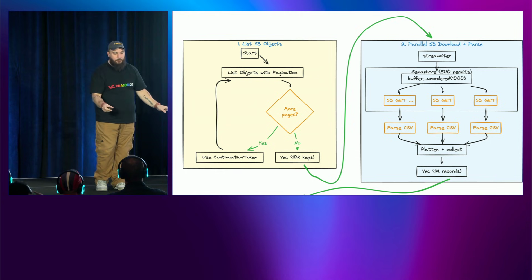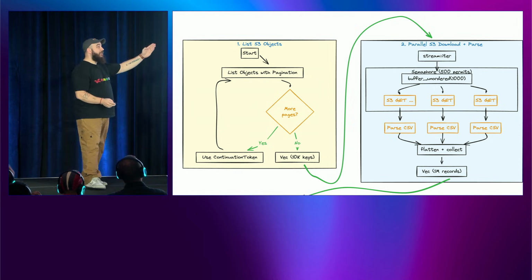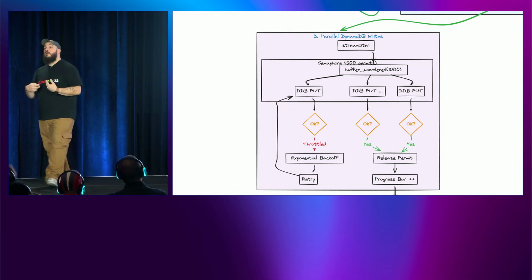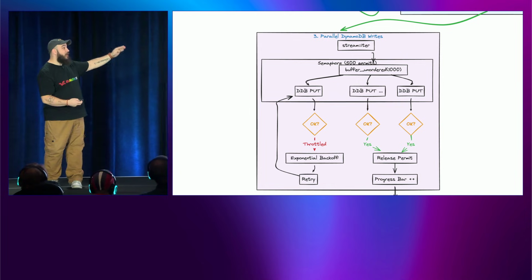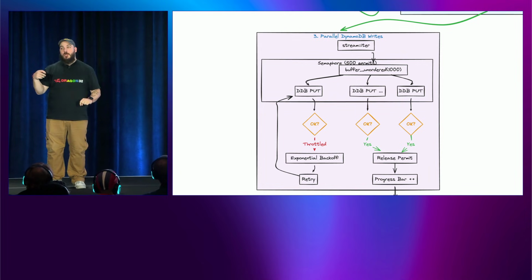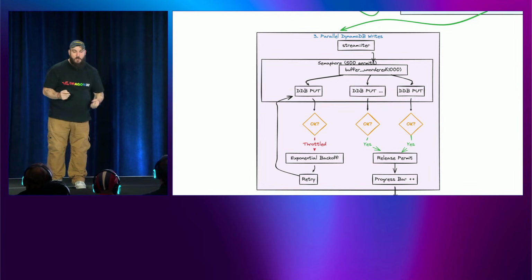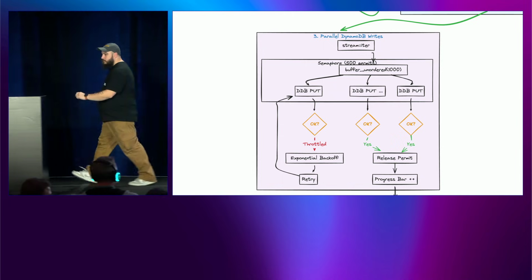Incredibly fast. But then when it comes to writing to DynamoDB, it does it so fast that I can write 1 million records in around a minute. Let me show you all of that.